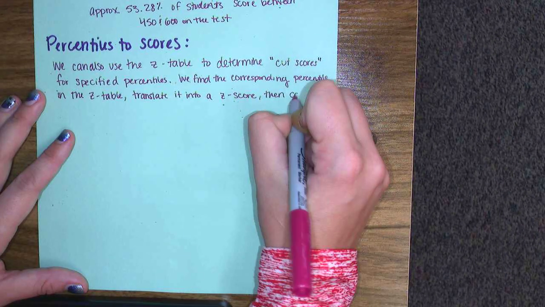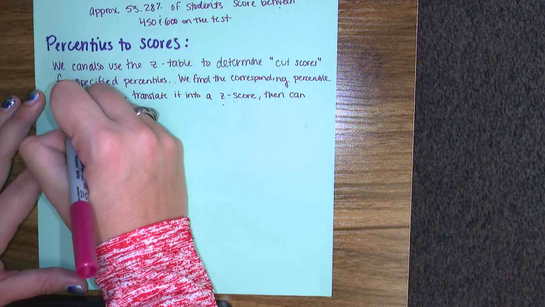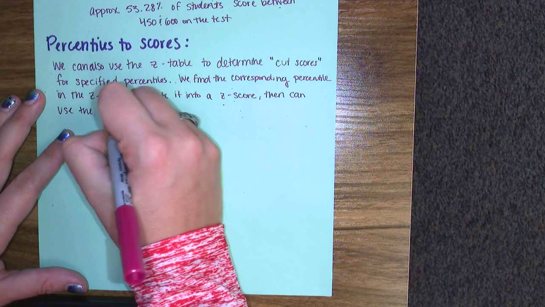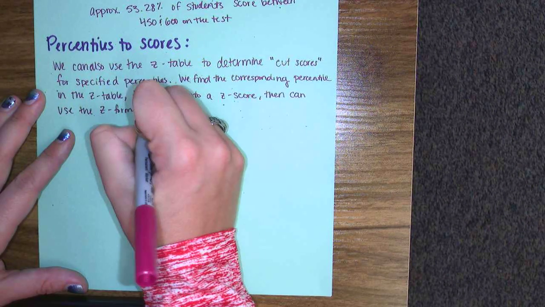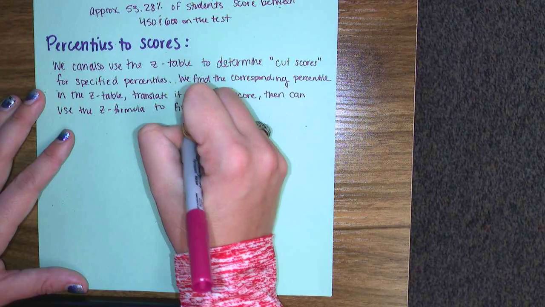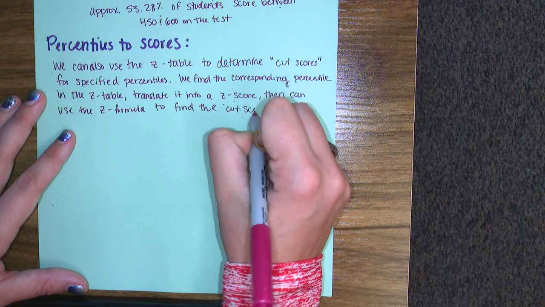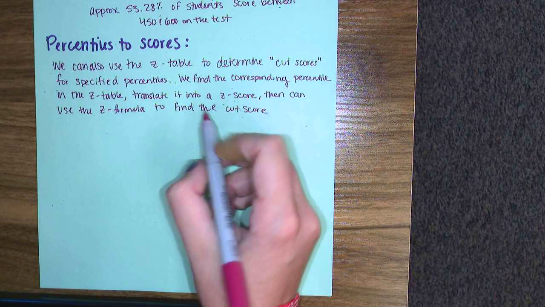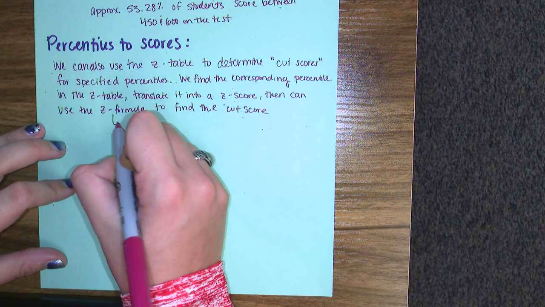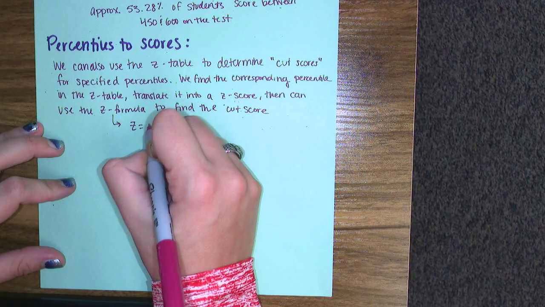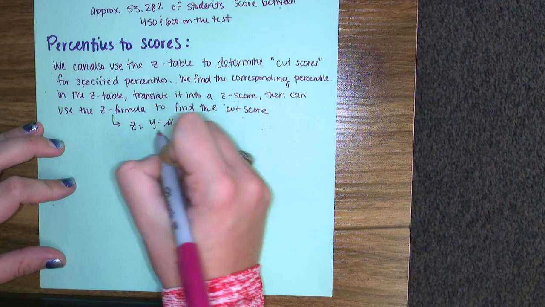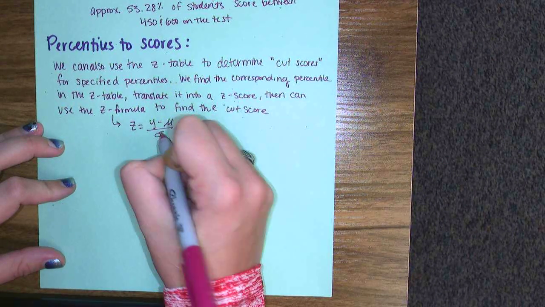Then you can use the Z formula to find the cut score. Okay, Z formula meaning Z is equal to Y minus the average over standard deviation.